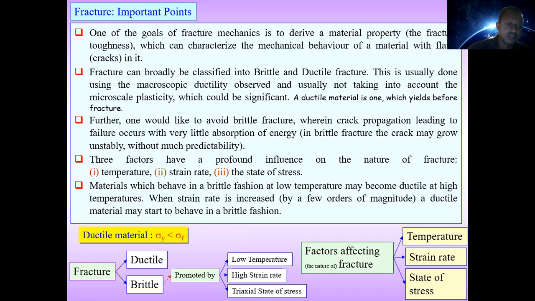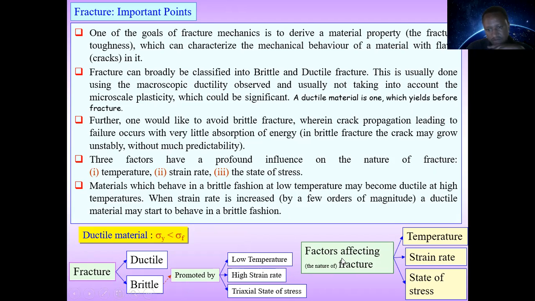For a ductile material, sigma yield is less than sigma failure. Fracture is classified into ductile and brittle, and brittle fracture is promoted by low temperature, high strain rate, and a triaxial state of stress.